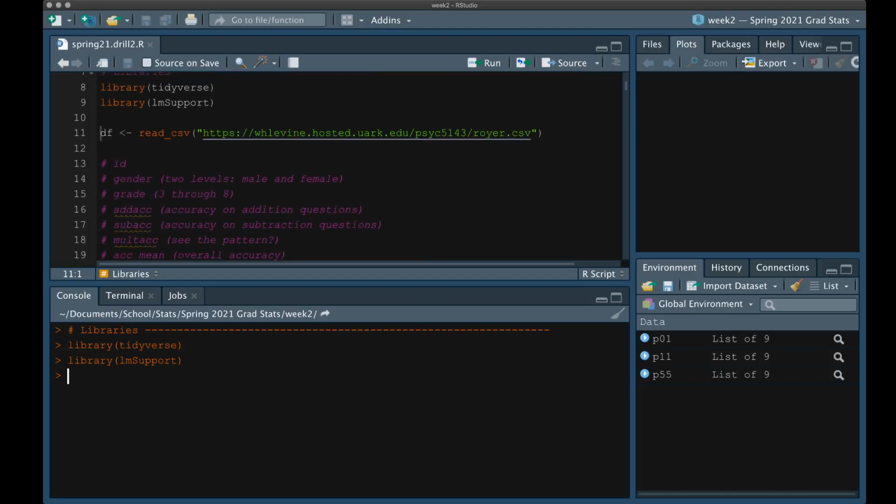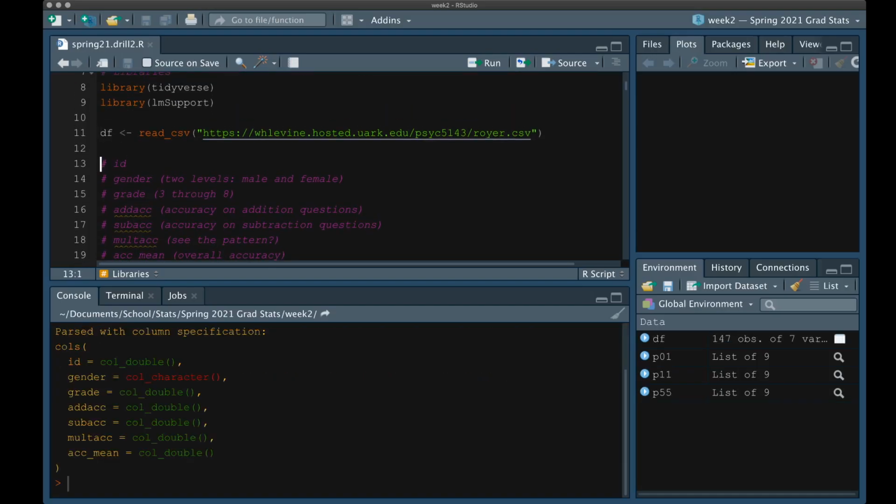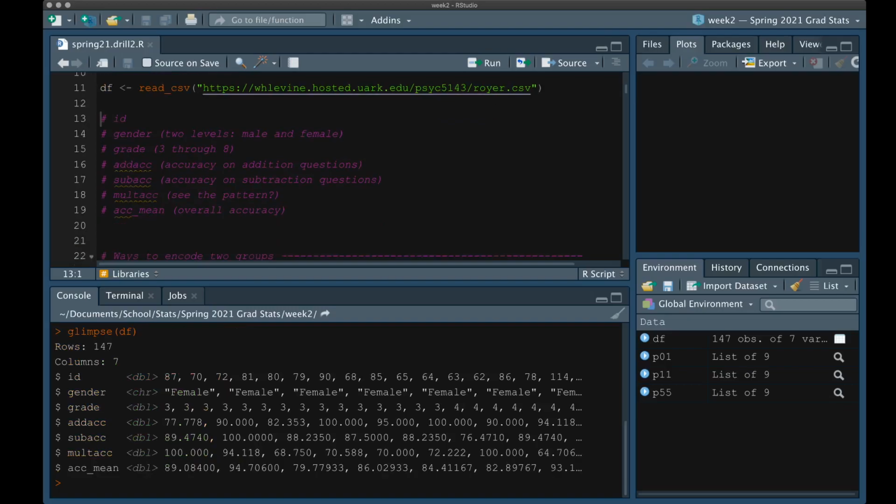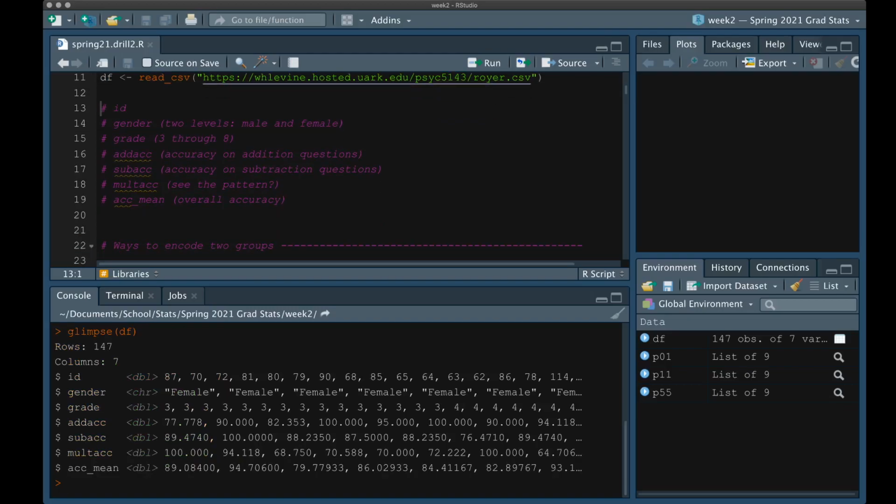But anyway, today we're going to look at a data frame that looks at grades 3 through 8. It has four variables, basically four measures. Some assessment of math accuracy. So they have three tasks: some sort of addition task, some sort of subtraction task, and some sort of multiplication task.